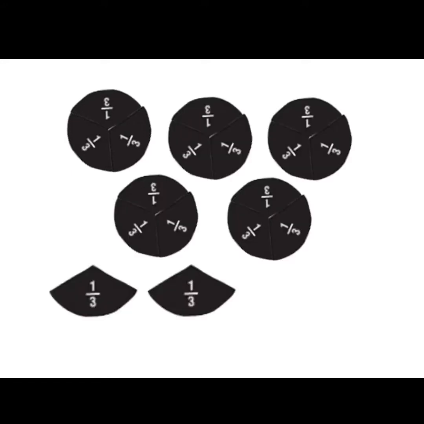Alright, so let's look at another example. Here I have a circle that is cut into 3 pieces, so that means each piece is equal to 1/3. So if we're going to find the mixed number for this, we first need to count how many whole circles we have. So we have 1, 2, 3, 4, 5 whole circles.